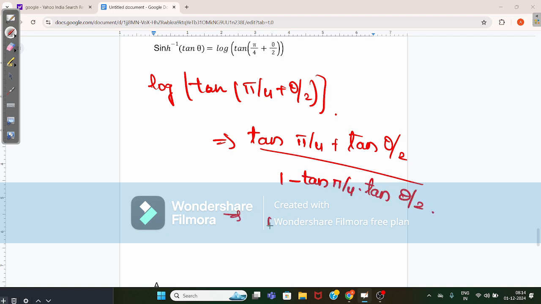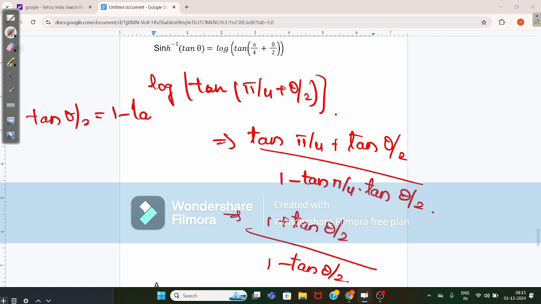This can be written as 1 plus tan theta by 2 over 1 minus tan theta by 2, which gives the required answer we have.